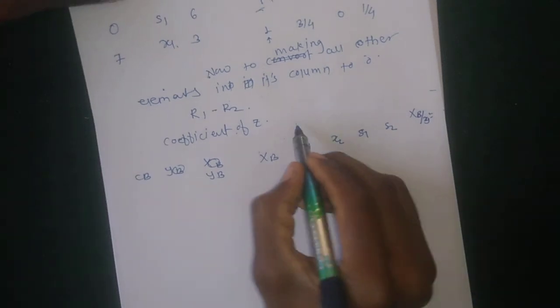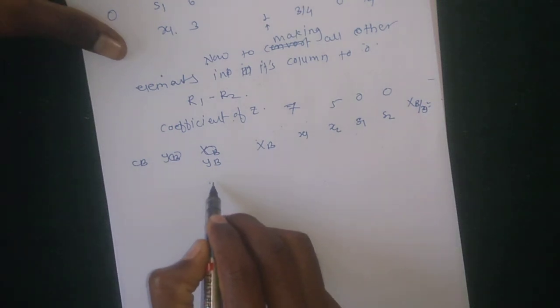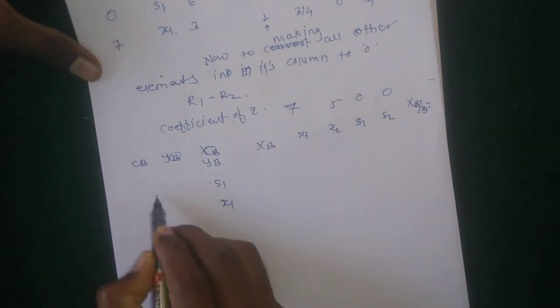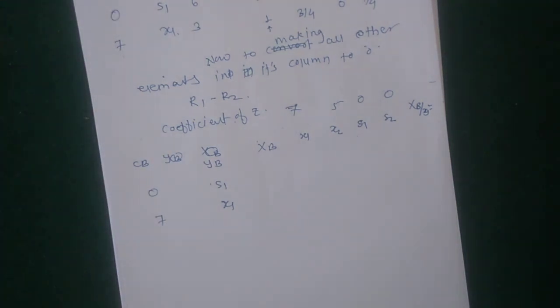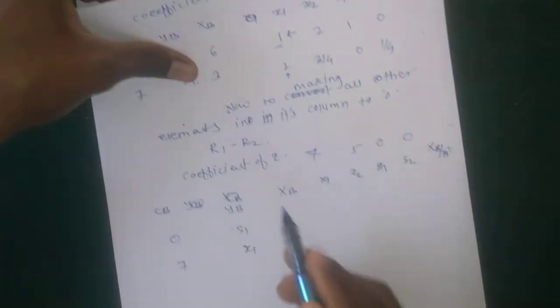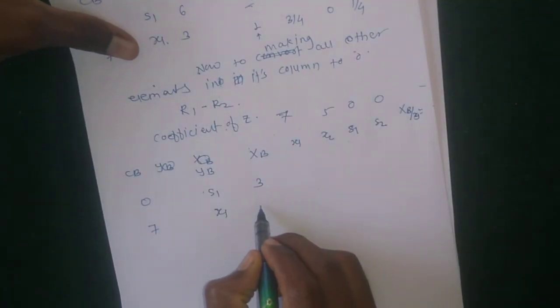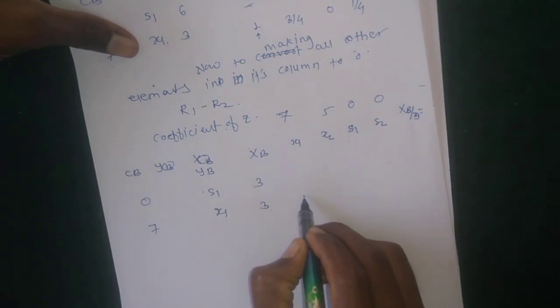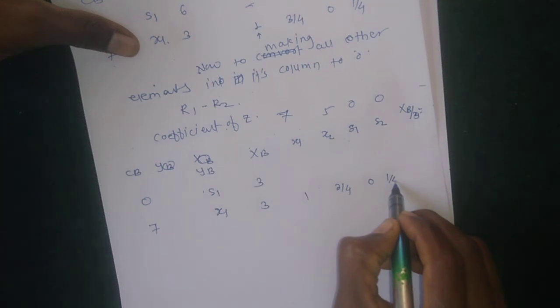Okay, their coefficient is 7, 5, 0, 0. So yb is s1, x1, 0, 7. Okay, so taking operation 6 minus 3 is value 3. Take this row as it is, 3, 1, 3 by 4, 0, 1 by 4.